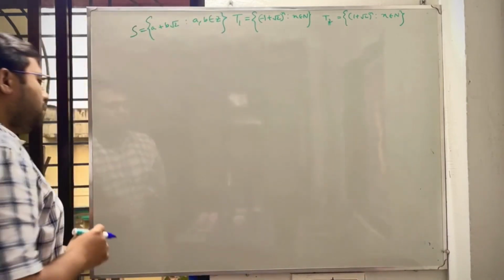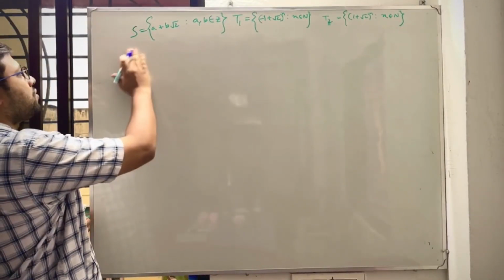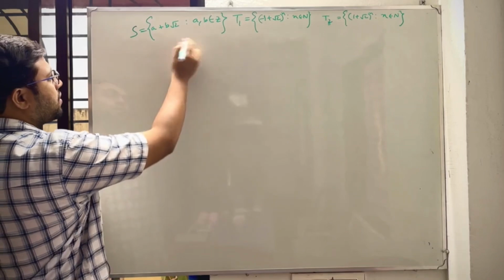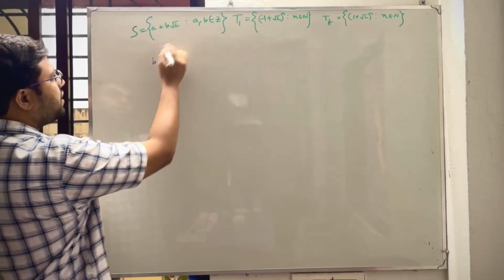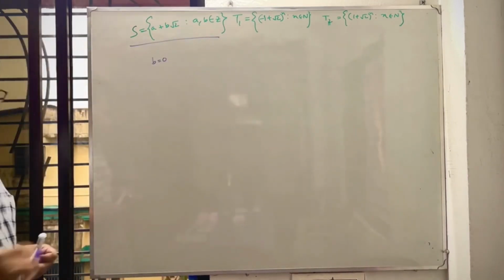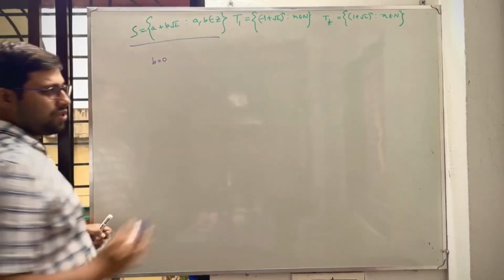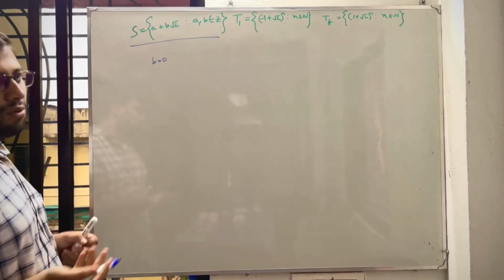Okay, so first, if we take b equal to 0 in S, because a, b belong to Z, we can take anything we want.